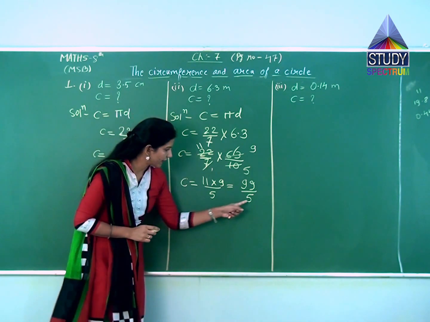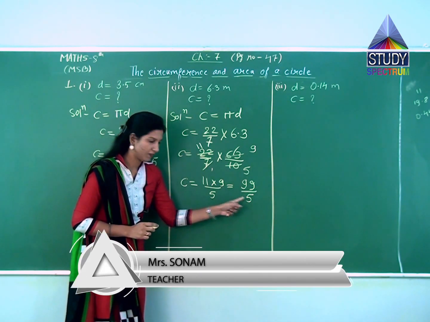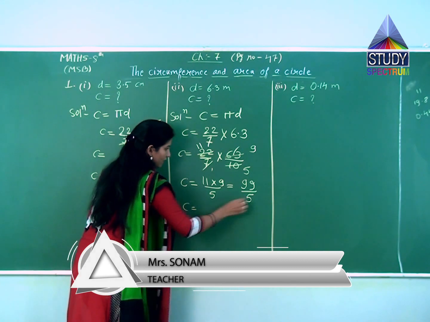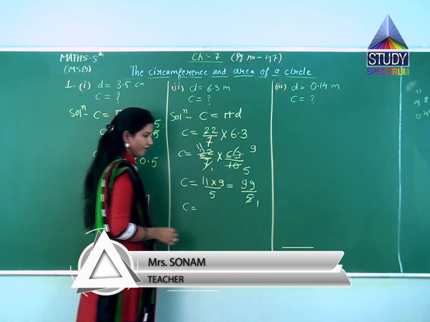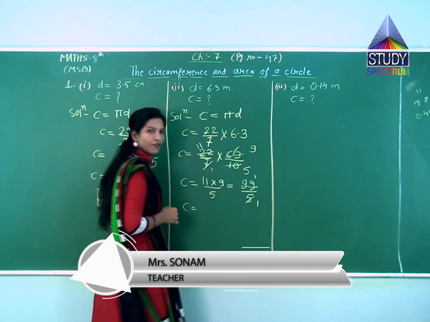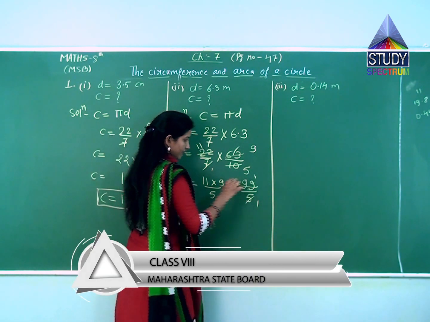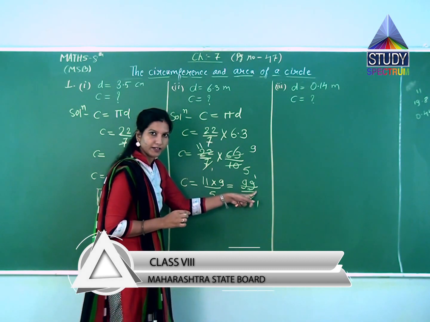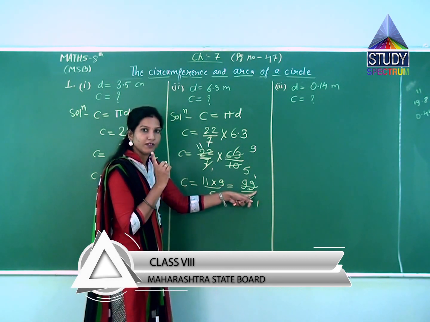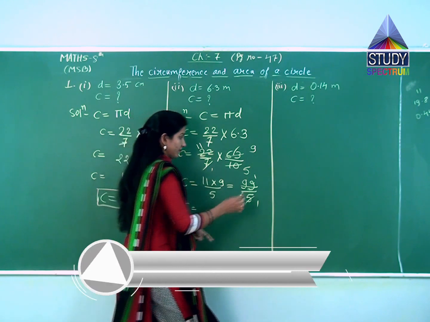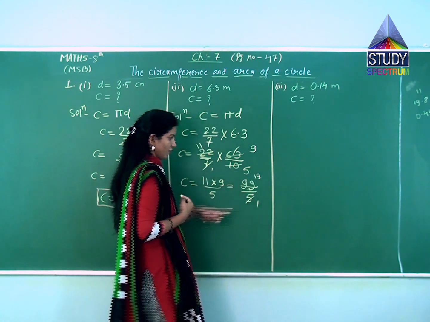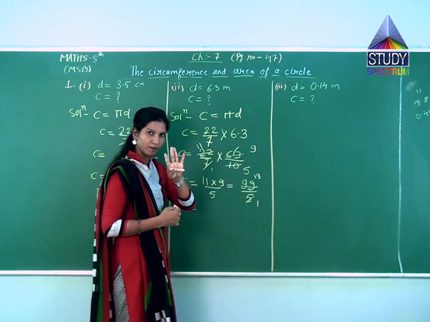Now we have to divide 99 by 5. 5 ones are 5. Here 5 ones are 5. What is the remainder? 4. And this becomes 49. So here 5 nines are 45. Then we will write 9. 49 minus 45, 4.